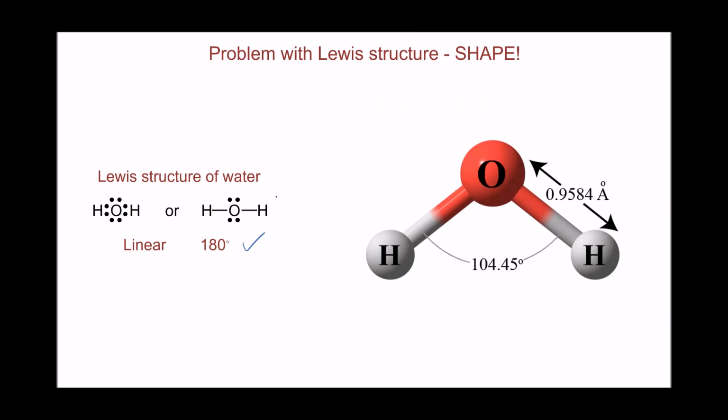Should the water molecule be linear, or 90 degree angle between the two hydrogens, or what is the angle between the two hydrogens? Lewis structure doesn't imply anything. You might be kind of deceived to think that it's linear from the way of drawing the Lewis structure like this, but actually there is nothing in the Lewis structure that tells you what's the shape of the molecule.